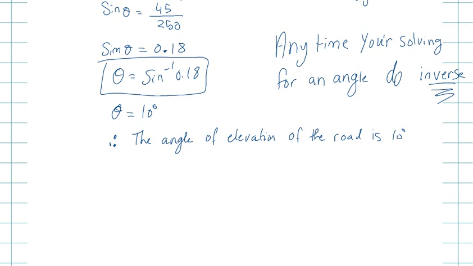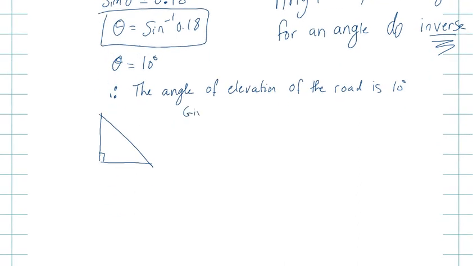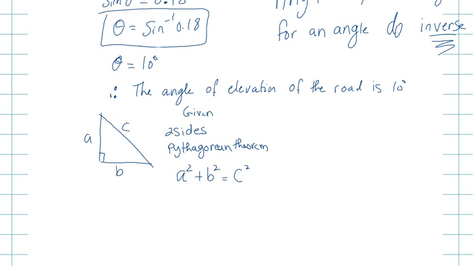So, recap. With a right triangle, if you know two sides and you're looking for the third, then you can use the Pythagorean theorem, which is a squared plus b squared equals c squared, where c is always the hypotenuse.